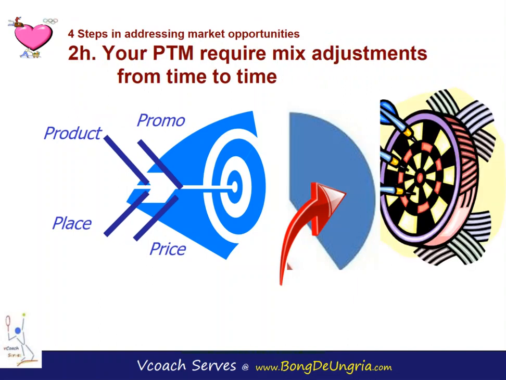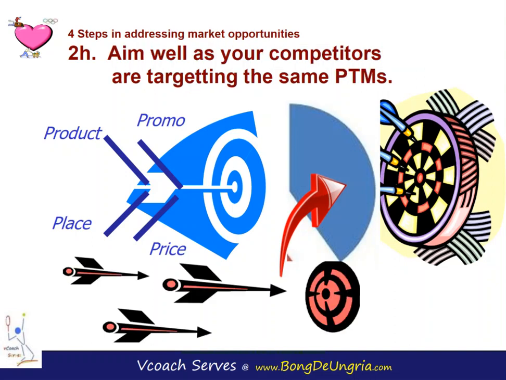And you may want or be required to adjust your marketing mix over time, because you have to remember that it's not only you trying to hit that primary target market. Your competitors are also aiming for that same target market.